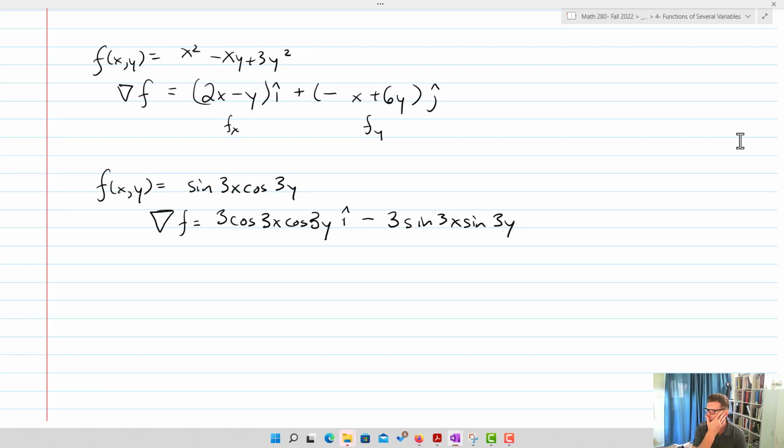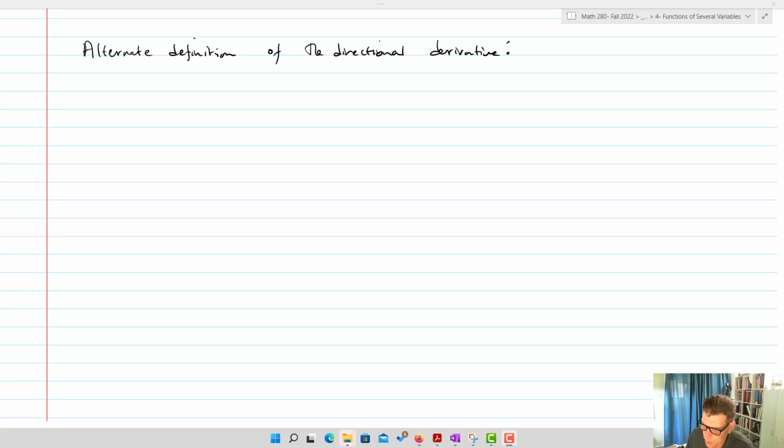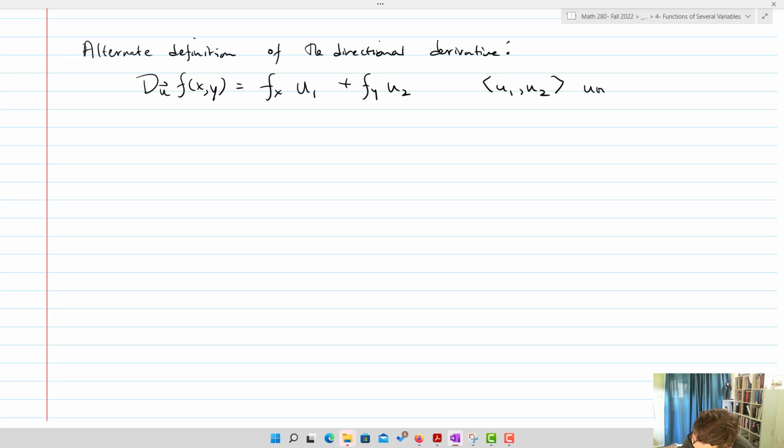We're going to talk a little more about what exactly it is. It's going to come in quite handy when we're looking for tangent lines or normal curves. The gradient is also going to come in handy when we want an alternate definition of our directional derivative. If you remember, we had the directional derivative Du of f of x,y. It ends up equaling fx u1 plus fy u2, where u1, u2 is the unit vector for our direction.